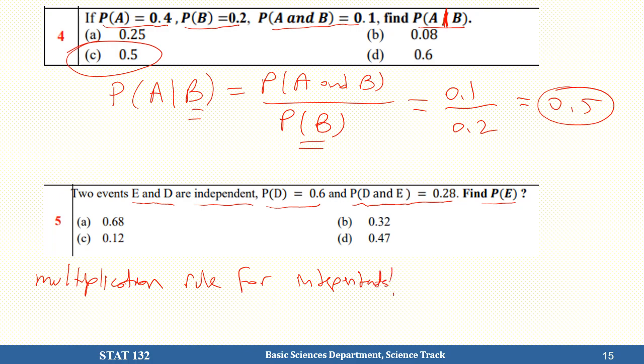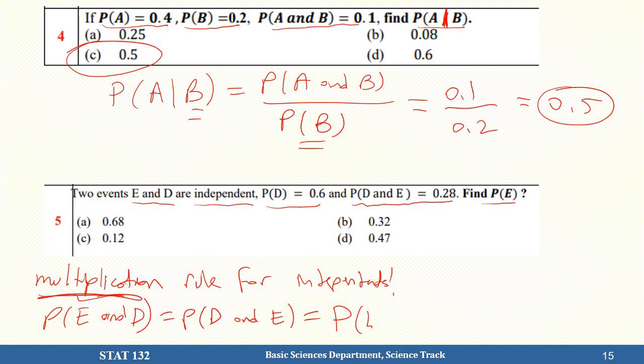When it comes to multiplication, think of "and", so it will be E and D. According to the multiplication rule, E and D or D and E, same, what is this equal to? If they're independent events, it will be just the probability of D times the probability of E.